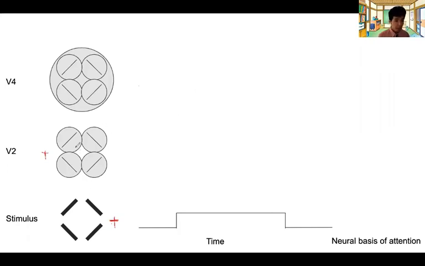And then suppose you find neurons that respond to all these four edges corresponding to this one. It's flipped, but to simplify, I'm not going to talk about the flipping of the side and also up and down. And then you also find neurons in V4 that appear to be connected from V2 in a way that the neuron detecting this line at this location projects into this V4 neuron and so on.